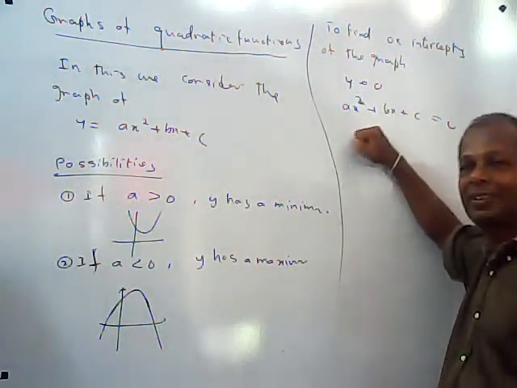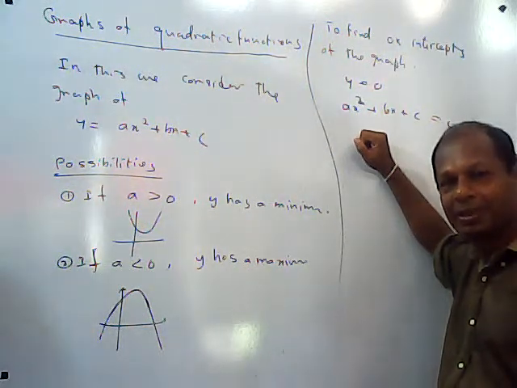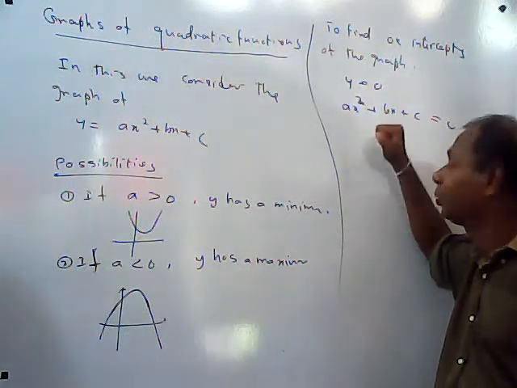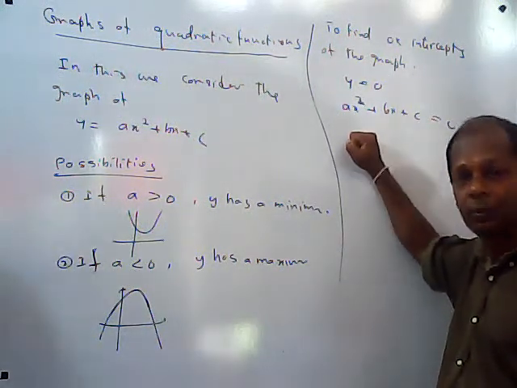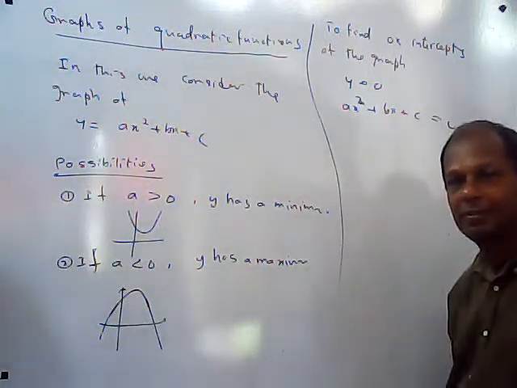But when you solve this, now we know that there are three possibilities. What are they? You are trying to find the roots of this. The roots means the values where it meets x-axis.